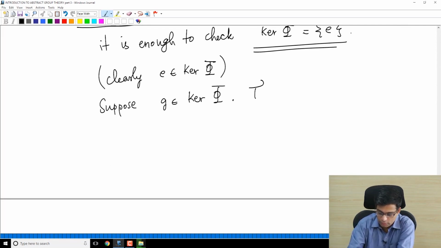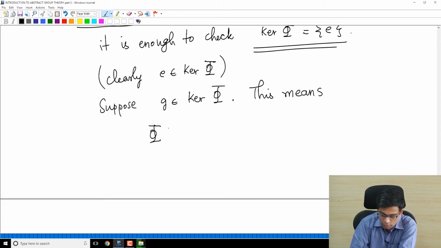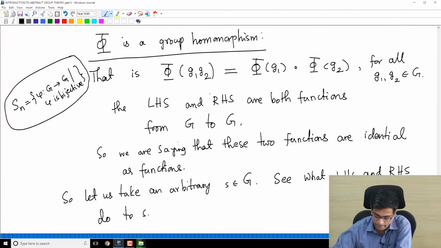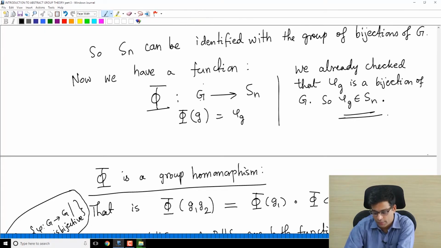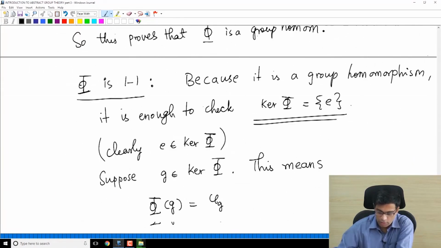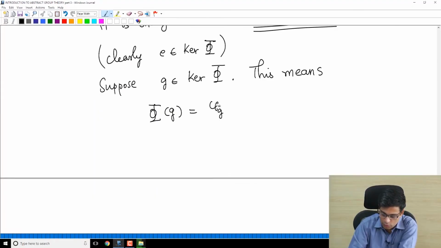This means Phi of g, which is small phi sub g, because capital Phi of g is defined to be small phi sub g. So small g being in the kernel means its image is the identity element of Sn.